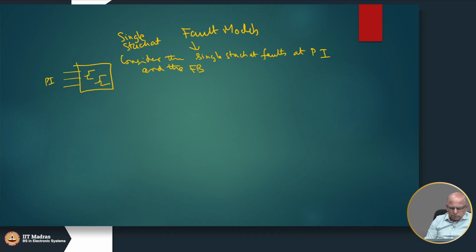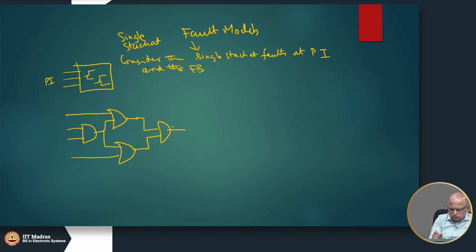We will go back to the example. The theorem says that it is enough to consider the fan out branches and the primary inputs. So, I am starting with the primary inputs and then I am going to look at the fan out branches.